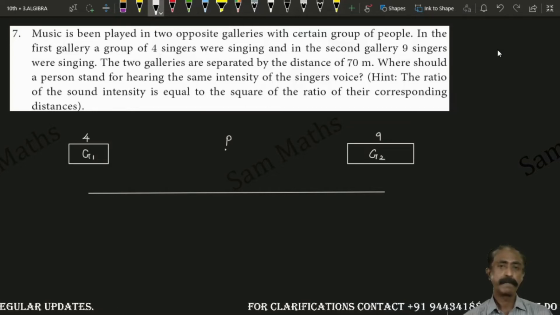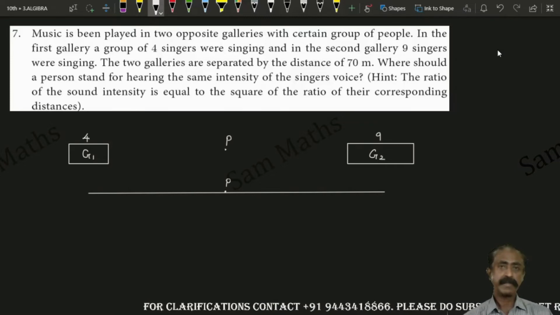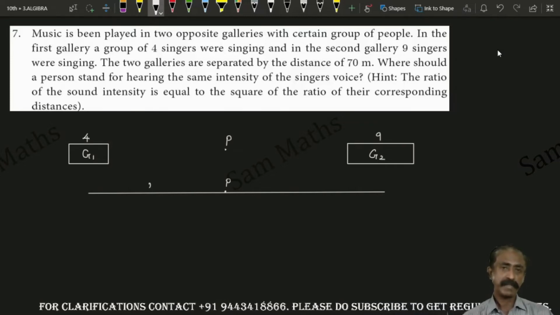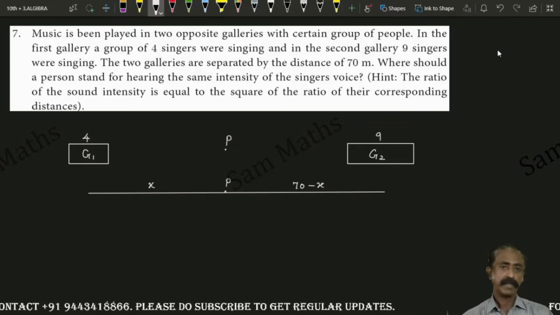Clear, children? So this is P I am taking. The distance between the galleries is given as 70 meters. So I am assuming this is X and this will be 70 minus X. Let it be G1 and this is G2.